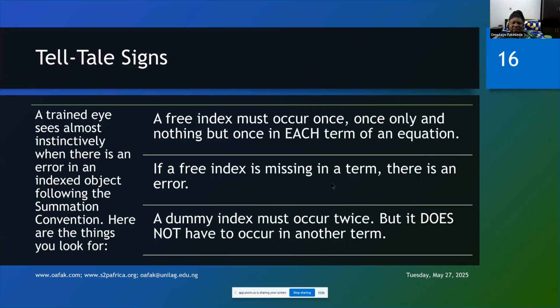But if a free index is missing in a term, there's an error. A dummy index must occur twice, but it does not have to occur in another term, because wherever it occurs shows that that particular term is a summation over all the possible values. But it does not have to occur in any other term. So just be watching out and keeping track of these issues.